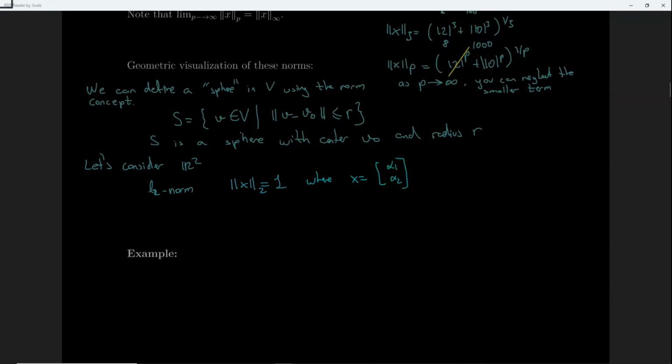With the norm 2 definition, the norm of x is the square root of the absolute value of alpha 1 squared plus the absolute value of alpha 2 squared, to the power 1 over 2, and that is equal to 1.